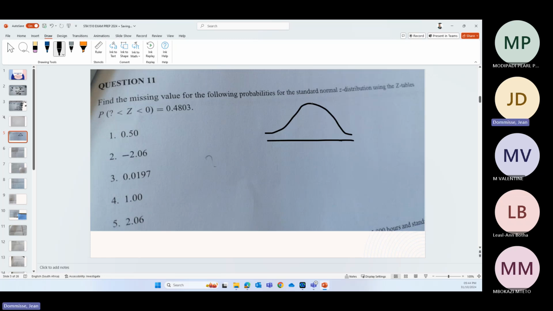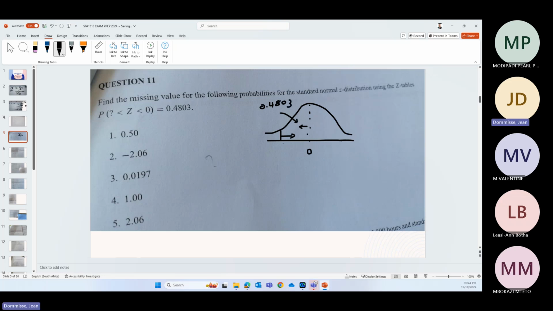that you're looking at the probability Z smaller than 0 and bigger than something else. So this area must be equal to 0.4803.